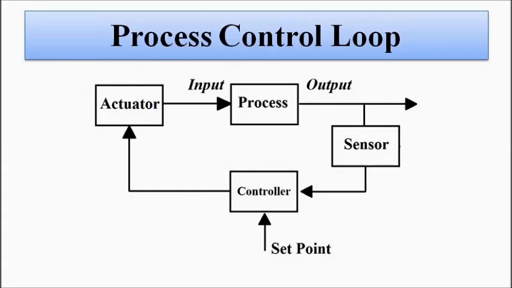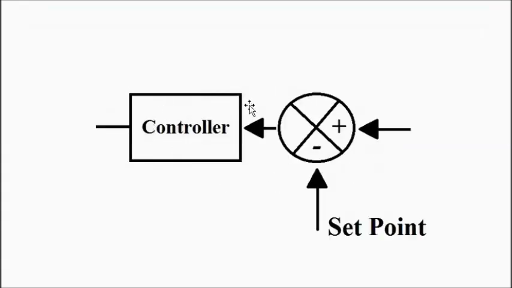The actual controller block looks something like this. This is the actual output, this is the set point. This block is also called the summer block in control systems. It determines the difference, which is called the error signal.